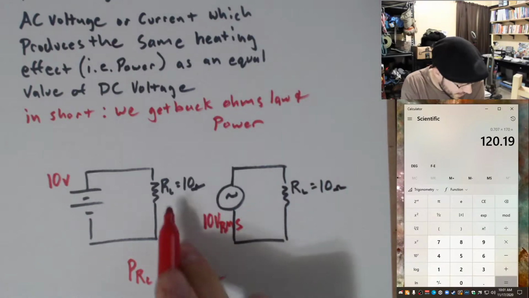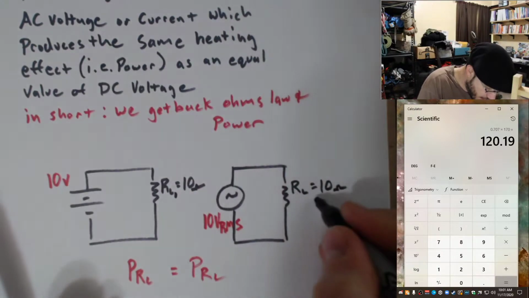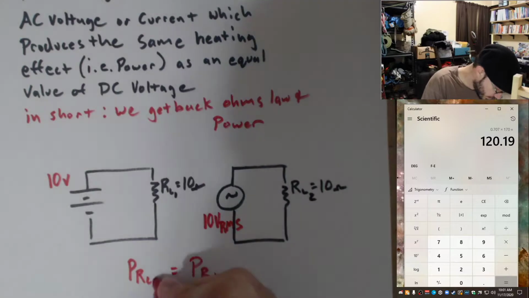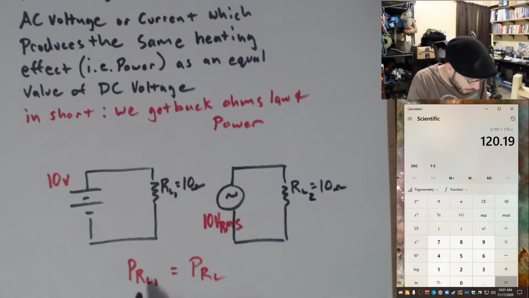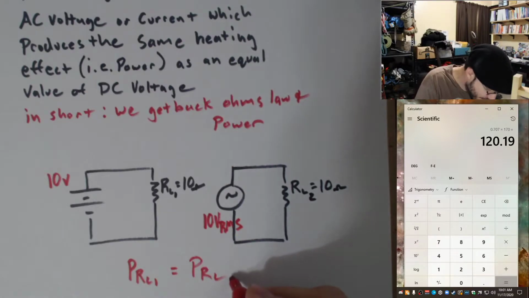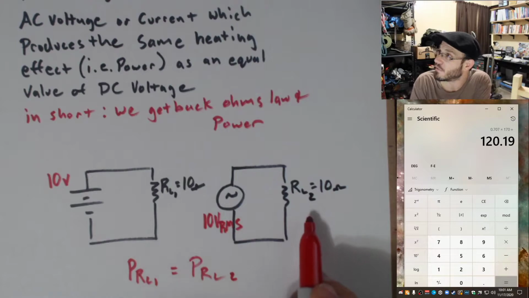And the power dissipated, in fact, let me make the distinction over here, RL1 and RL2. Power dissipated by the DC version is equivalent and the same as the power dissipated by the AC version.